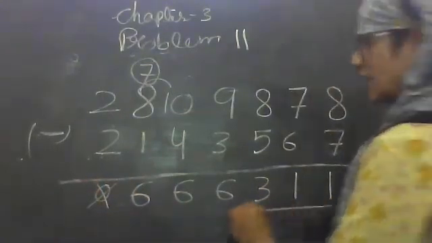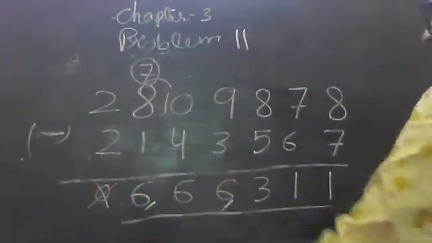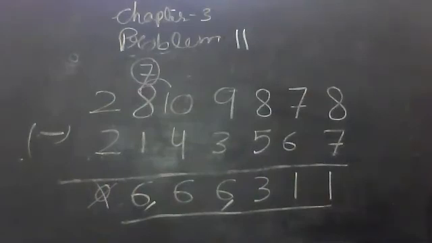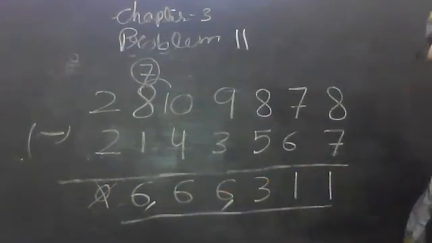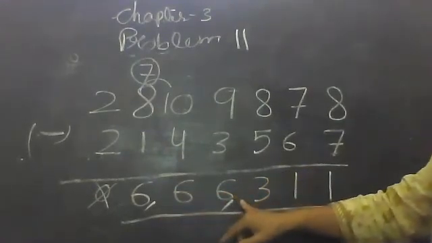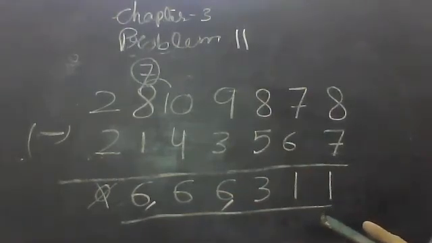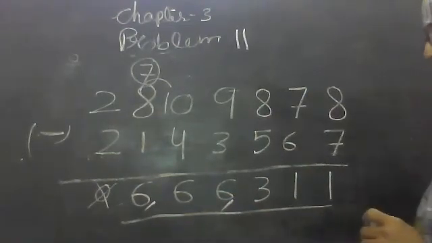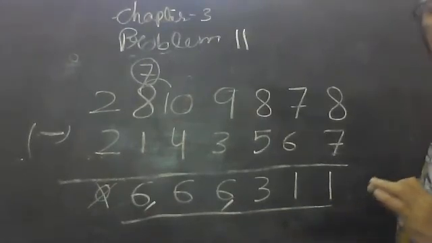So the answer is 6,66,311. How much did the population grow? 6,66,311. The population grew by 6,66,311.